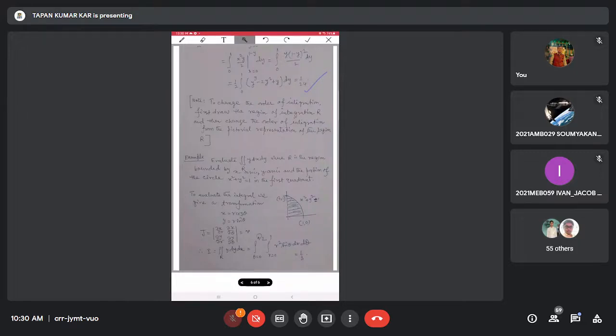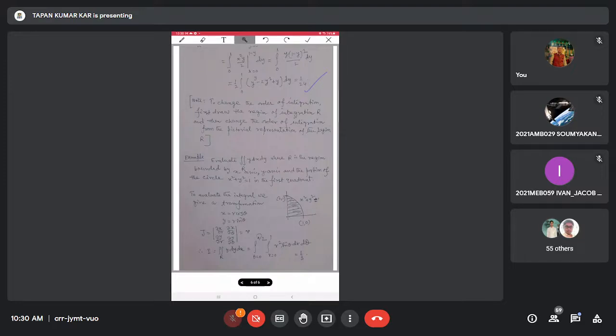For change of variables, you have to evaluate the Jacobian. For change of order of integration, it is not compulsory to draw the region of integration, but if you do not draw it, then it is practically impossible to change the order of integration.